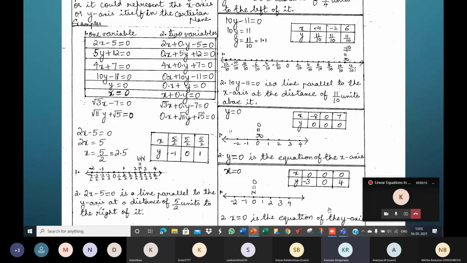Now plot both, children. Let's just wait for some time. We'll give time for others to finish.